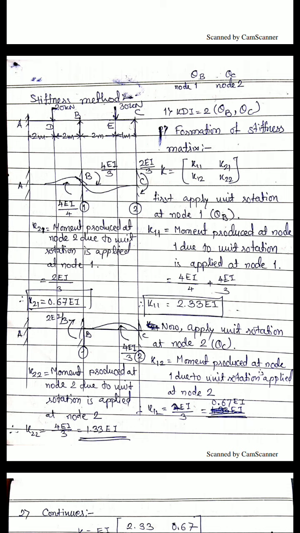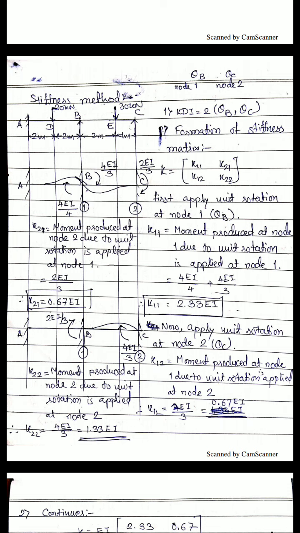Okay, so K11 is nothing but what? Once again, Kij, that is K11, is an element of your stiffness matrix. K11 is the moment produced at node 1. The first value represents where the moment is produced, that is the moment produced at node 1, that's why K1.